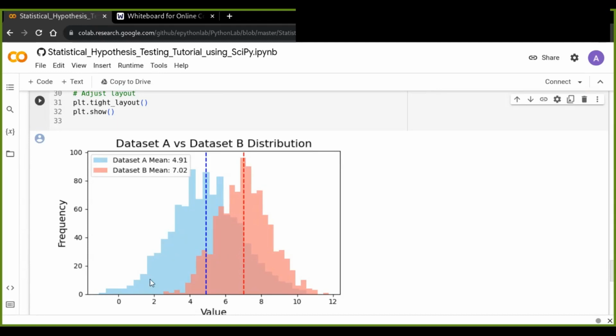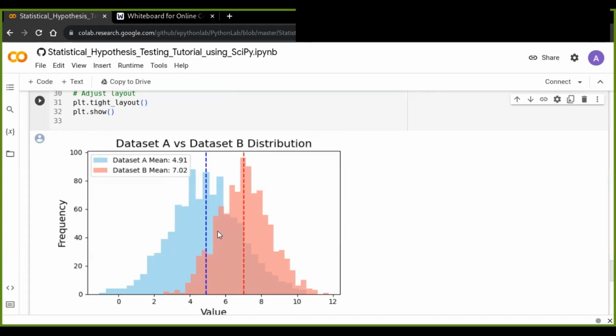So the data is distributed across this. We can understand dataset B also, with the red dashed line that shows the center of dataset B. The mean of dataset B is 7, and the mean of dataset A is 4.91, which is found between 4 and 6, the blue line.